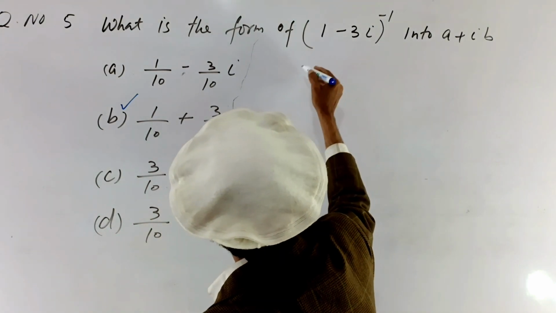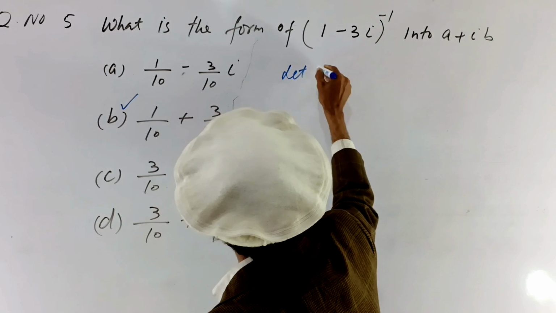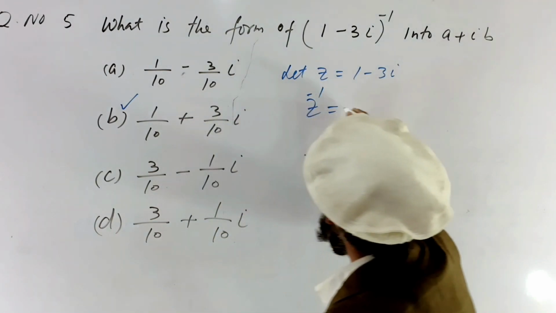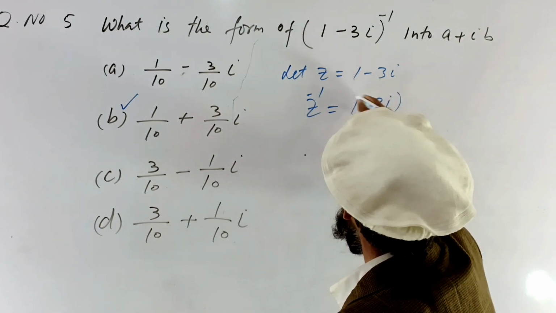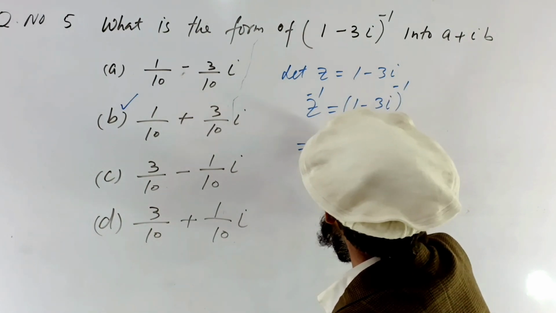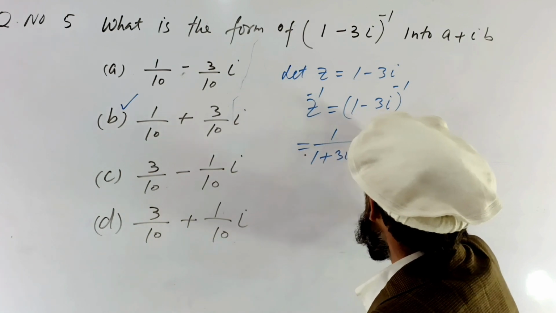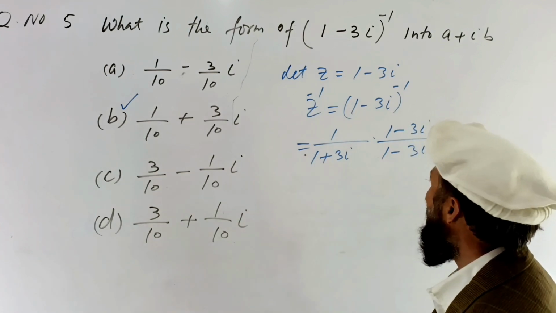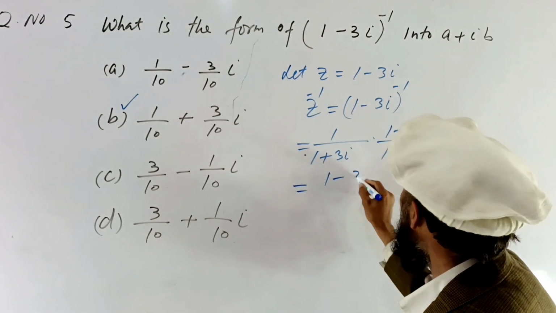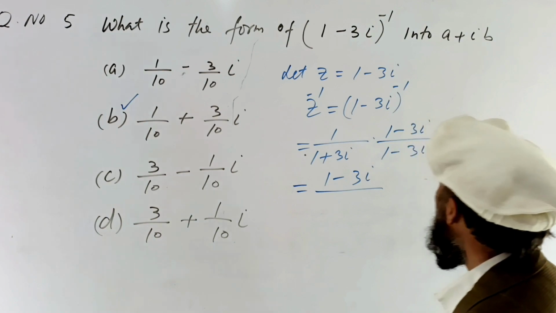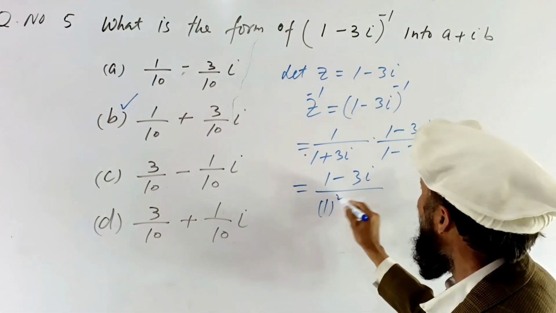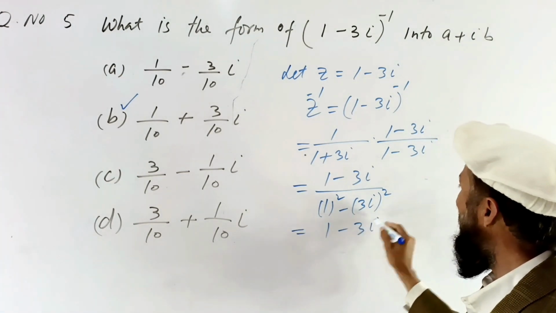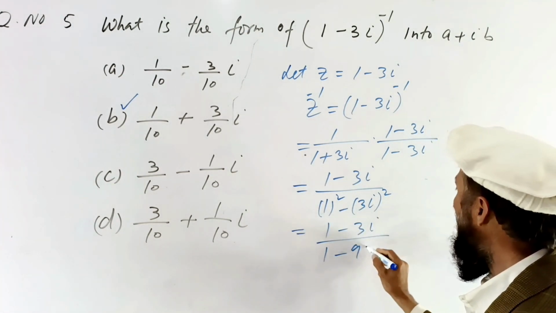According to this formula, for example, let z equal 1 minus 3 iota. If we find z inverse, we write 1 minus 3 iota power minus 1. This changes to 1 plus 3 iota, so we multiply by the conjugate. We get 1 minus 3 iota divided by 1 square minus 3 iota whole square, so 1 minus 3 iota divided by 1 minus 9 iota square.